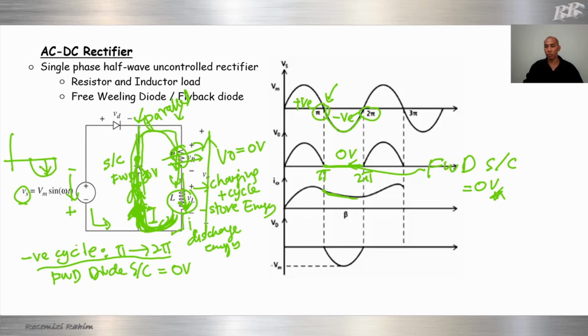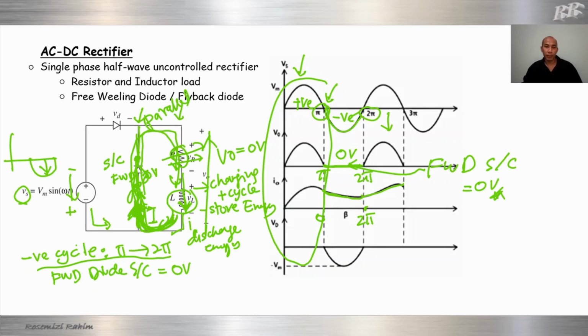The decay is slow decay, until 2 pi. Then after 2 pi, it will be the same as this waveform. So it will follow the positive cycle waveform, charging the current again, and the output will be the same as the input.